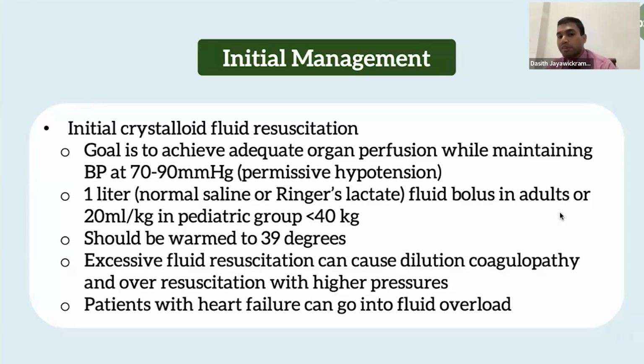So in order to prevent that, we don't increase the blood pressure to higher values. We keep it at a range of like 70 to 90 millimeters of mercury, where it is enough to perfuse the end organs while trying to keep the clots that have formed intact to prevent further bleeding.